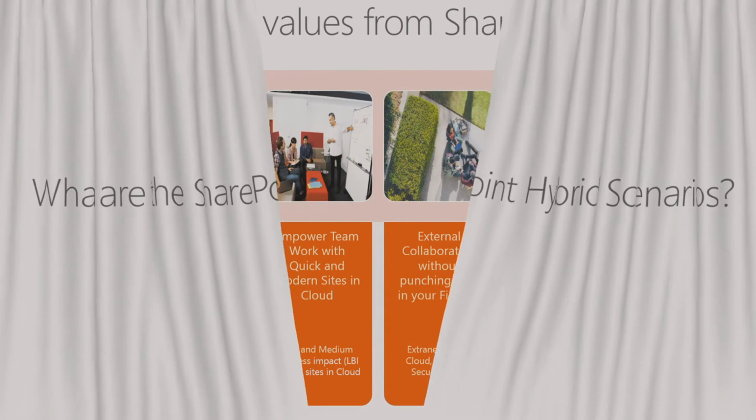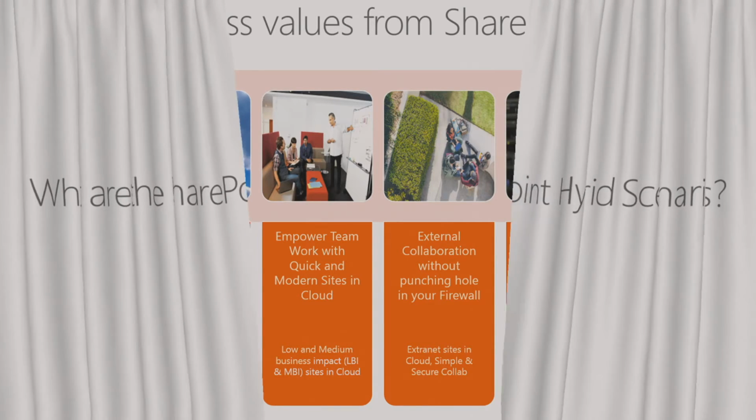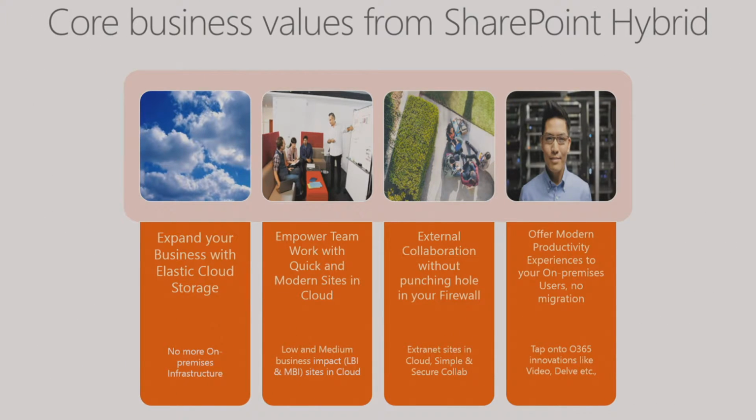And for that, I thought it would be easier to look at it from the perspective of, again, the business values. So there are 4 key points, 4 key pillars that we think about in the hybrid scenarios. The first and foremost pillar is about helping you expand your business with the usage of the whole elastic cloud storage. And this is the one where I talked about providing your users an ability for 1 terabyte of storage in the cloud, where you don't have to, as an admin, worry about the on-premises infrastructure.